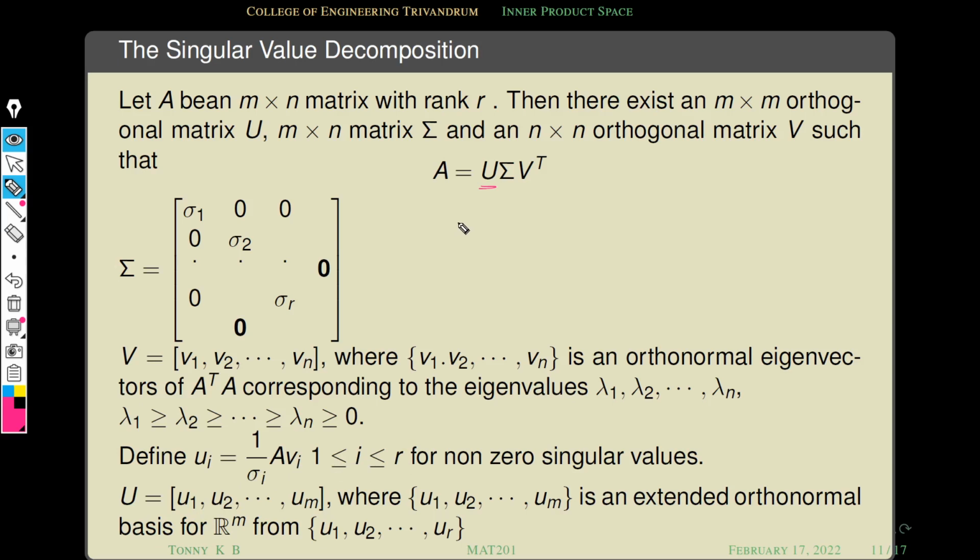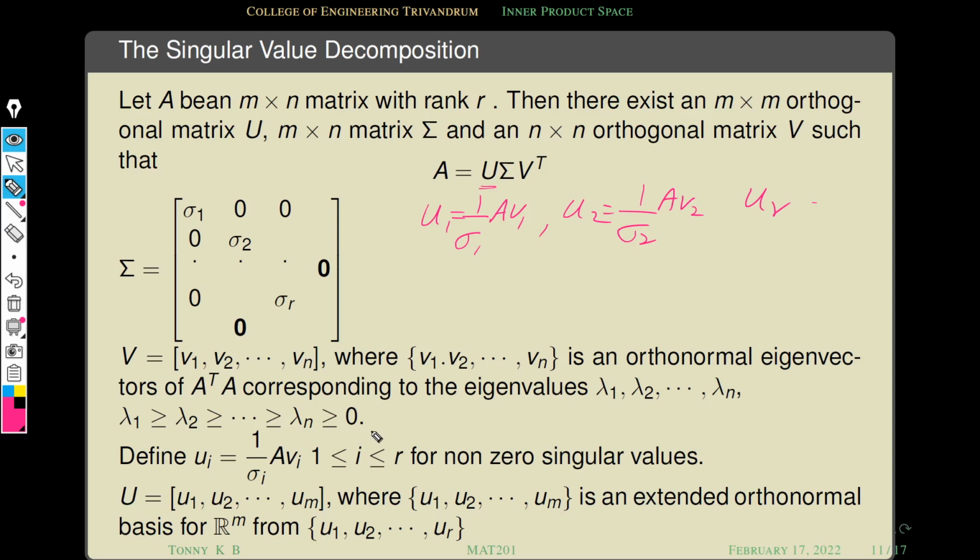That means you can find u1, u2 up to ur using this formula. What is the formula for u1? u1 is 1 by sigma 1 into Av1. Clear? And u2 is 1 by sigma 2 into Av2, like that. This is possible only for the non-zero eigenvalues.